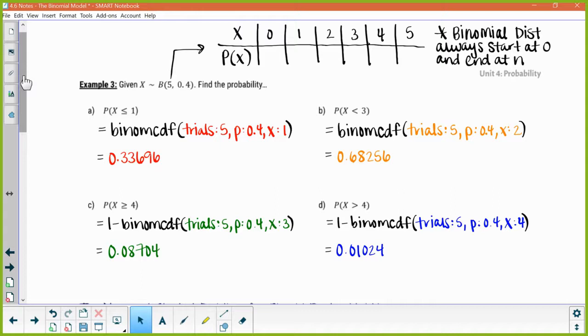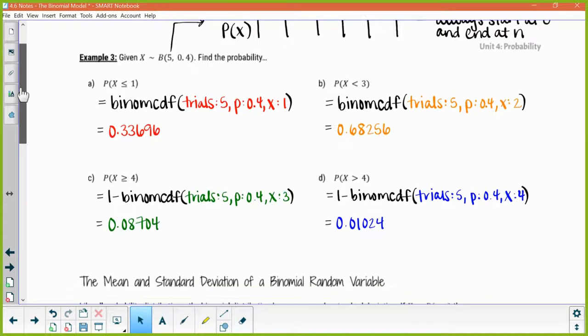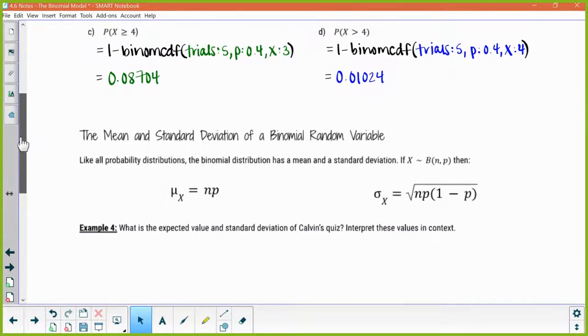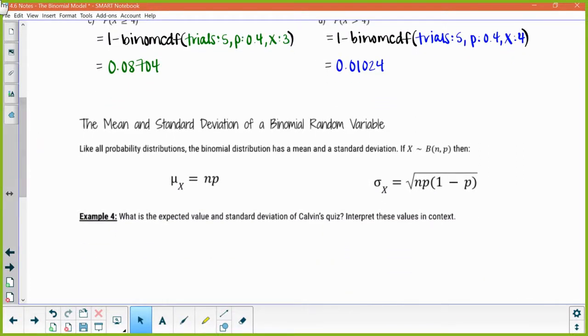Now, the last little bit we're going to talk about, not going to take us long at all, is mean and standard deviation. Sometimes they do ask you, what's the expected value for this probability distribution? We use a little bit different formulas because we will not be generating that table most likely.